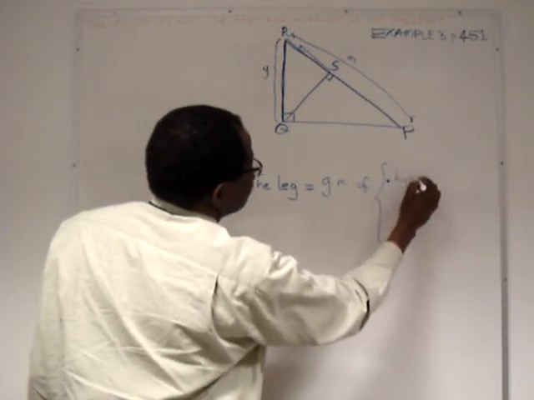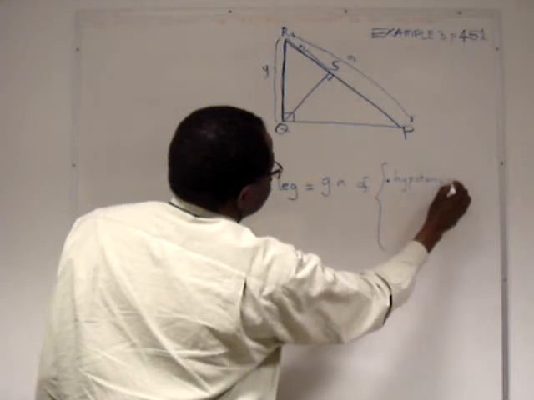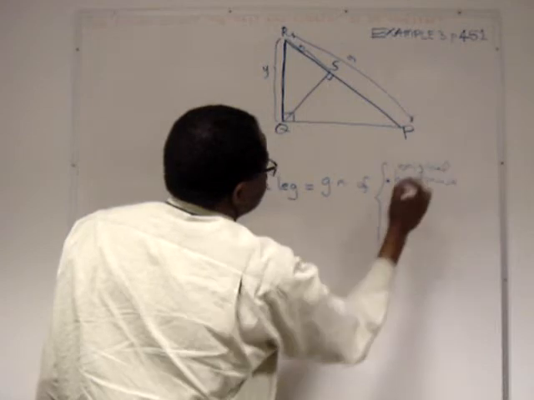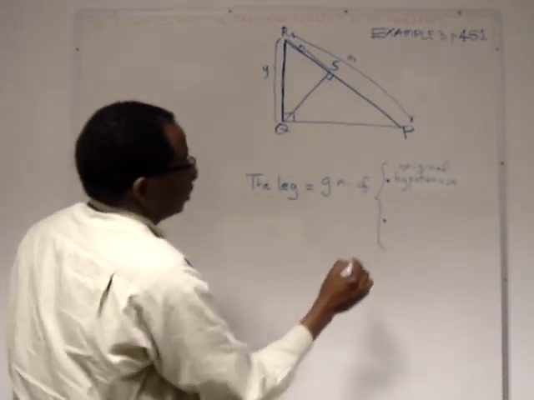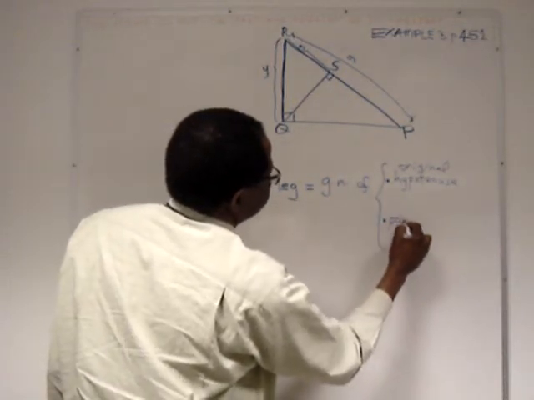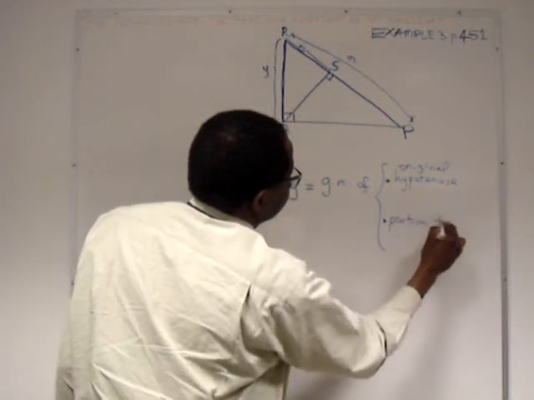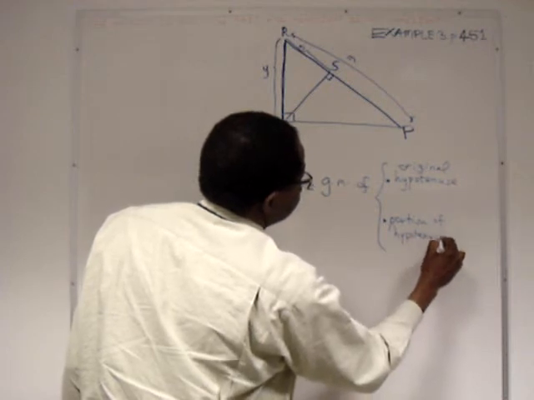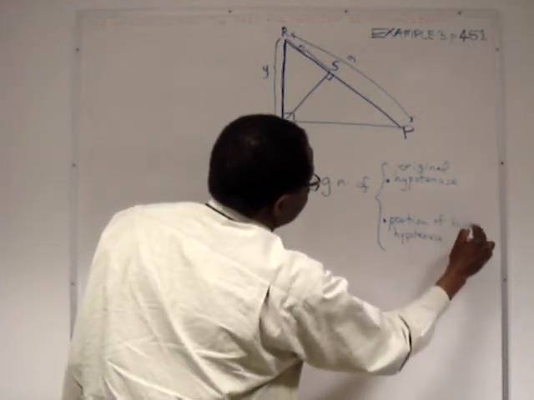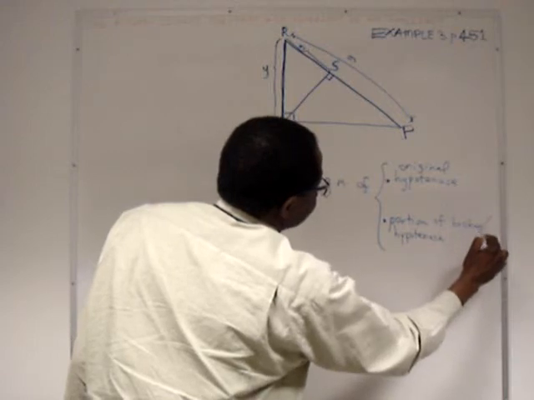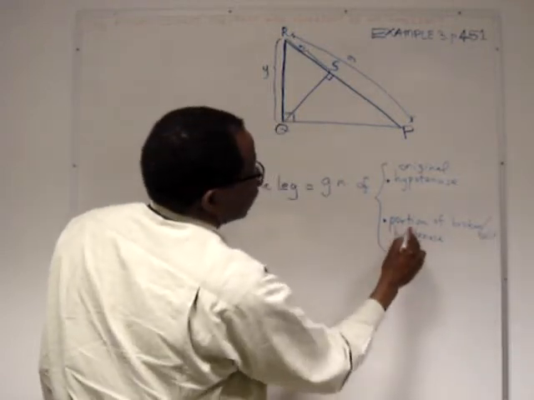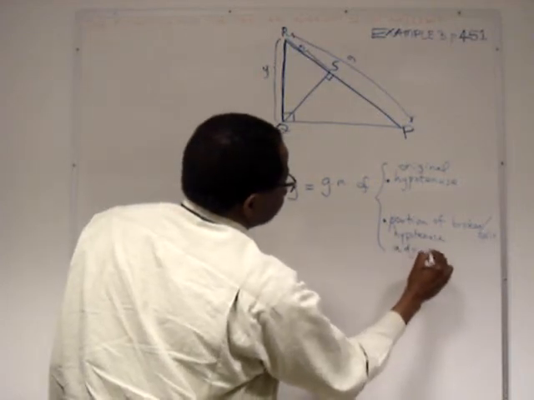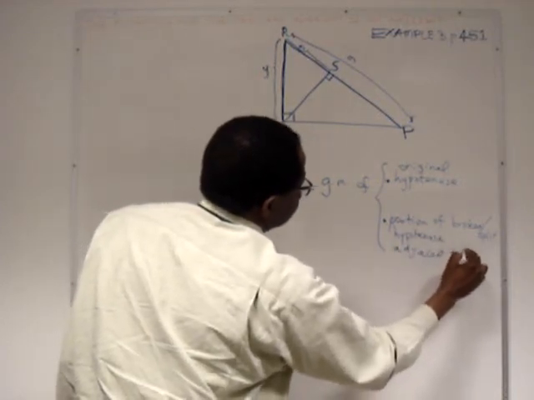the original hypotenuse, and the portion of the broken or split hypotenuse adjacent to the leg.